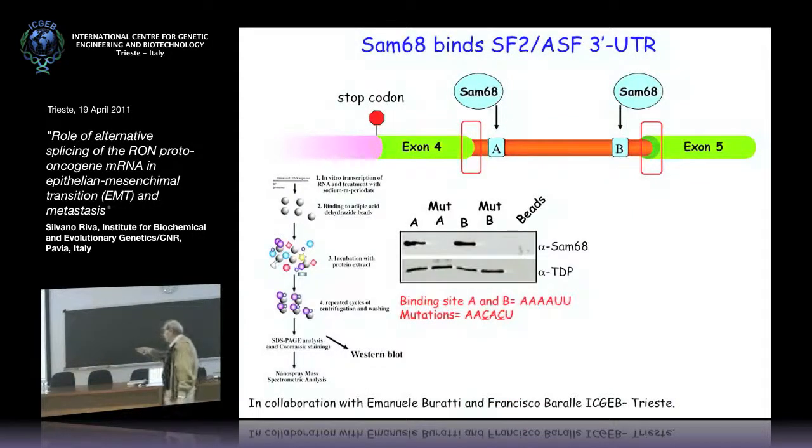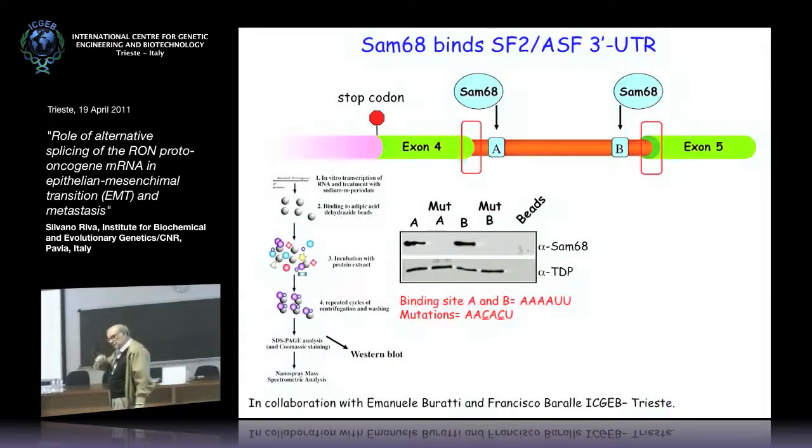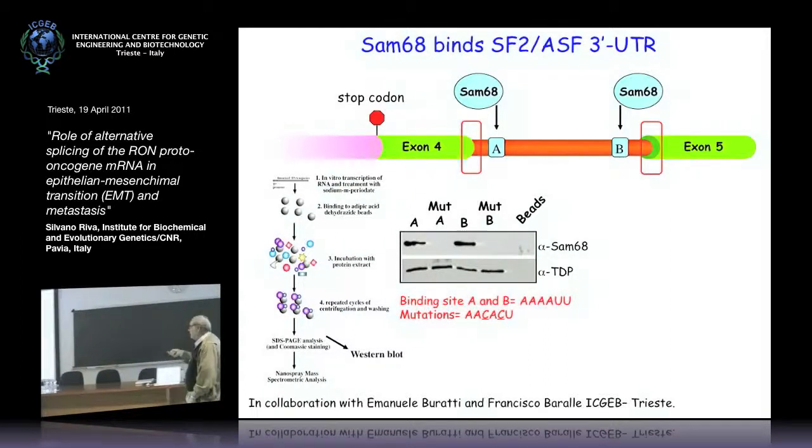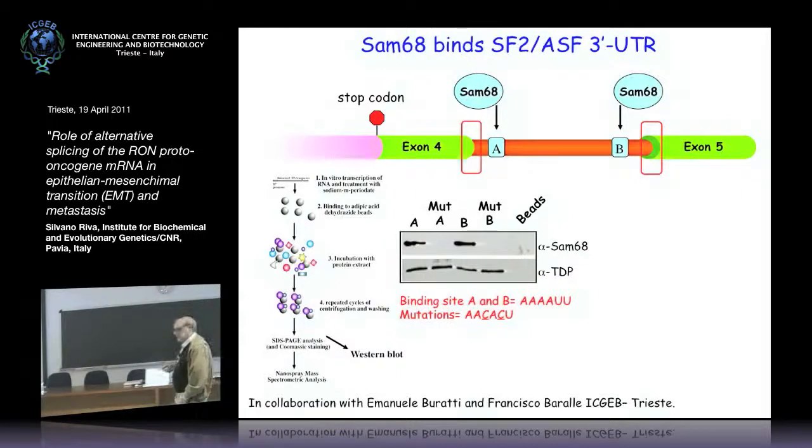Now, the first thing we did in collaboration with Emanuele Buratti, who is that guy in the audience, we demonstrated, or they demonstrated, that in fact SAM68 binds to these two sites, right? It binds, and if you mutate the two sites, this is the site, if you mutate, it doesn't bind anymore. So it's a real specific binding.